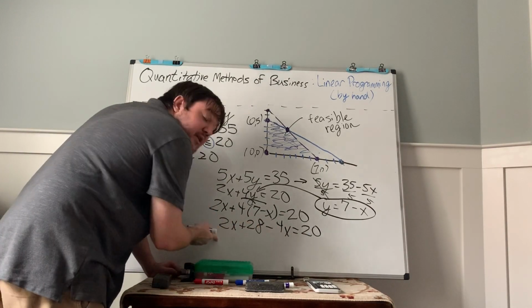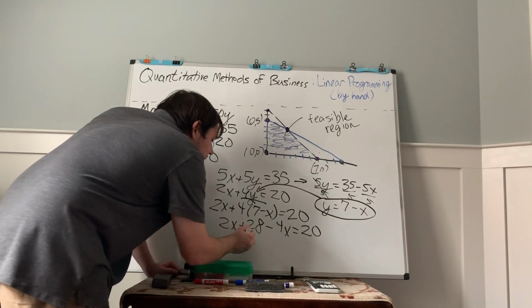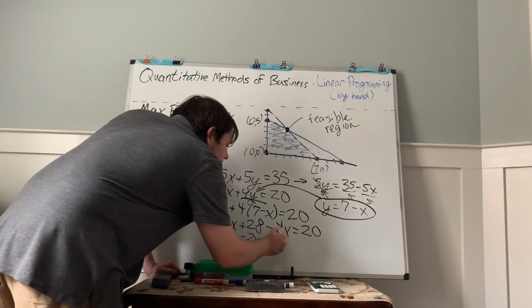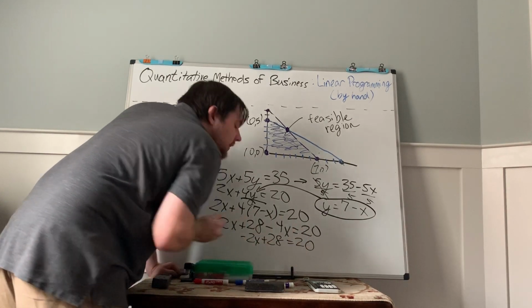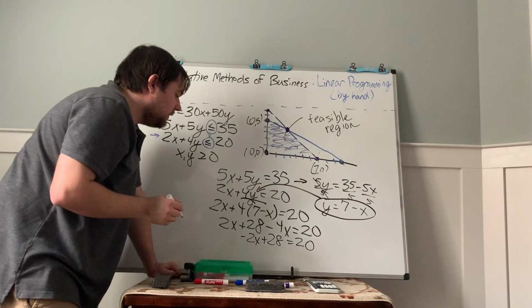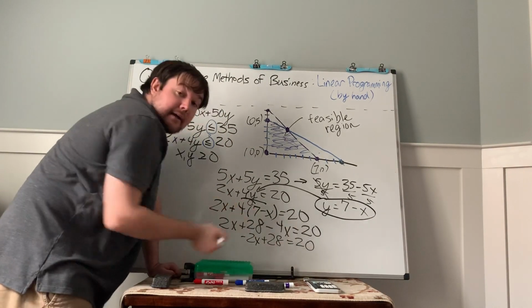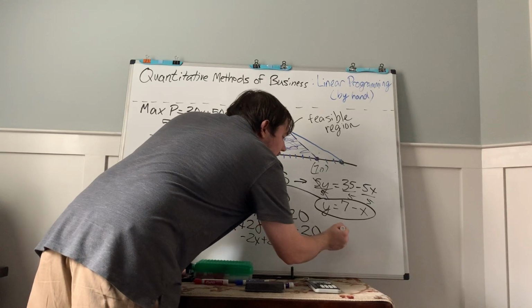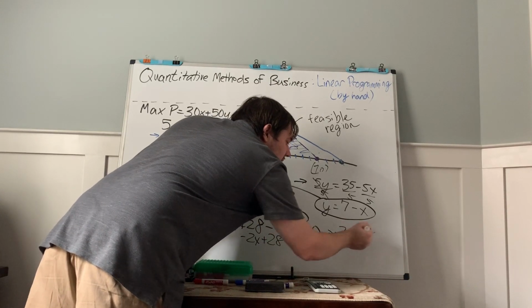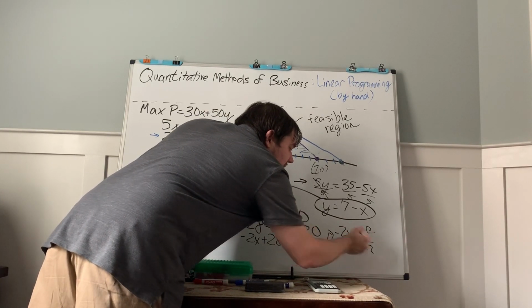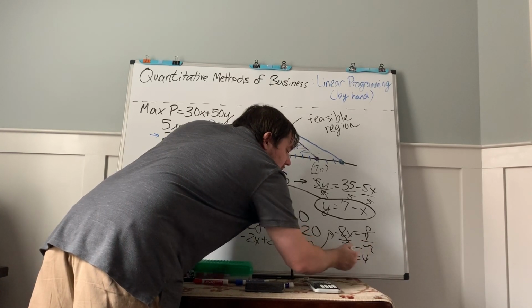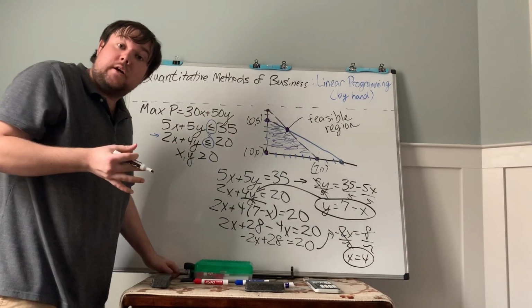Combine my like terms, so 2x minus 4x gives us negative 2x plus 28 is equal to 20. And then I can subtract the 28 over, get a negative 2x is negative 8. Divide by negative 2, and we get that x is 4.